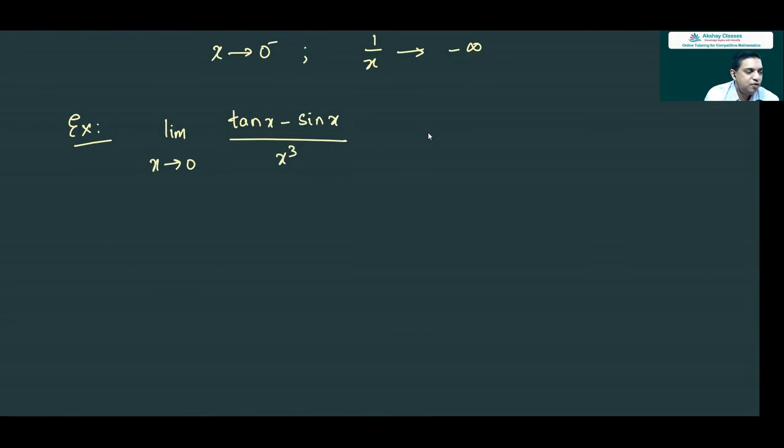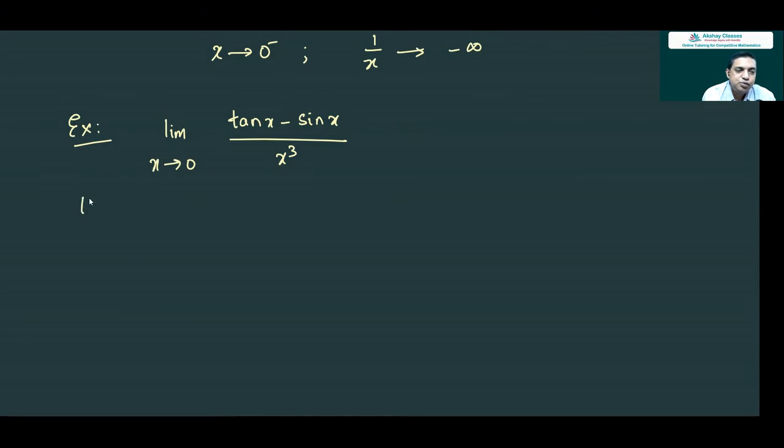The answer we got for this is half. We used L'Hospital's rule, and I used the basic method. I wrote sin x by cos x, and I took sin x common, and then 1 minus cos x we wrote as 2 sin square x by 2, and then we solved this.